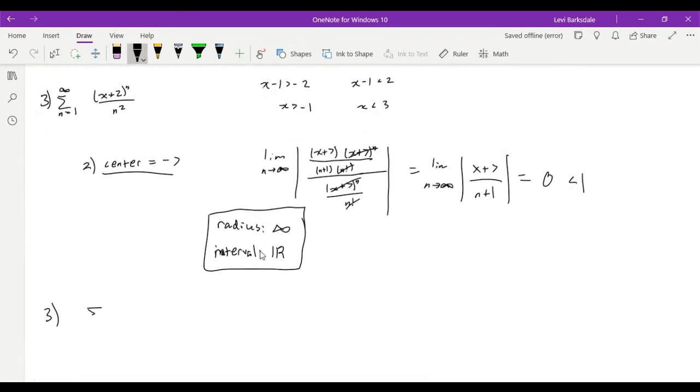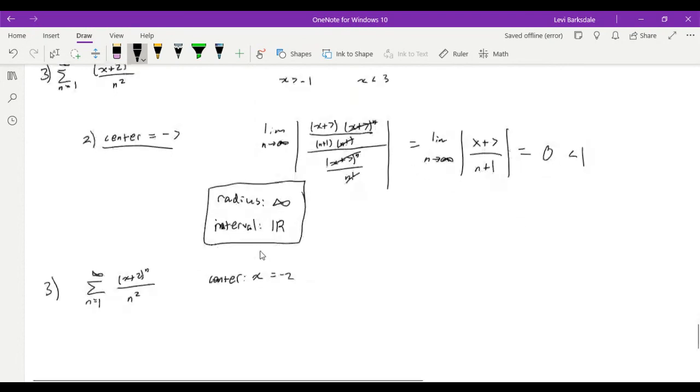Now finally, for our last one, we have the sum from 1 to infinity of x plus 2 to the nth over n squared. Again, our center is fairly easy to find. It's at negative 2.